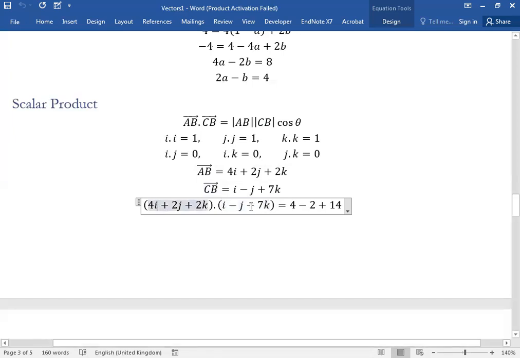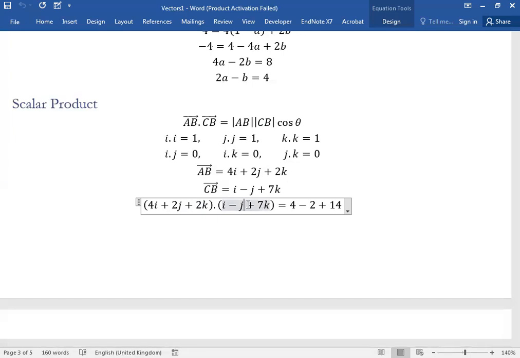Now I take 4i and multiply it by minus j. But I know the dot product of i and j is 0, so no need to multiply. Similarly, i with k is also 0. Then you take 2j and multiply it with all of them: with i the dot product is 0, with j you get -2, and with k also 0.